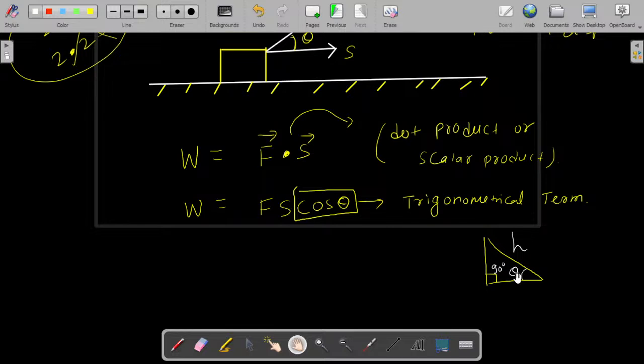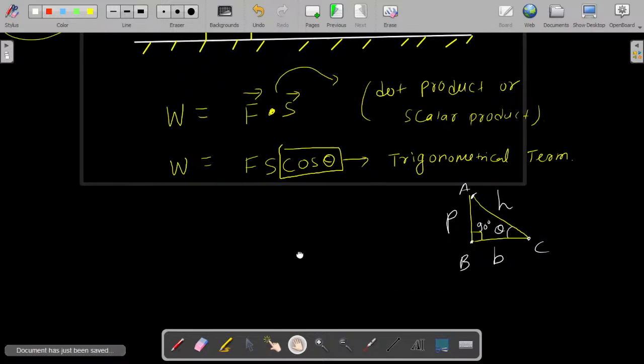Always remember this. If it is triangle ABC, which one is the perpendicular? Opposite of theta, that is AB. So write here, this is the perpendicular and this is the base.